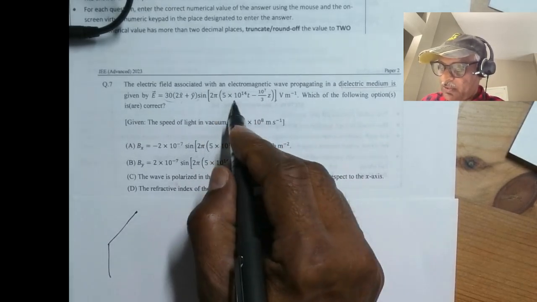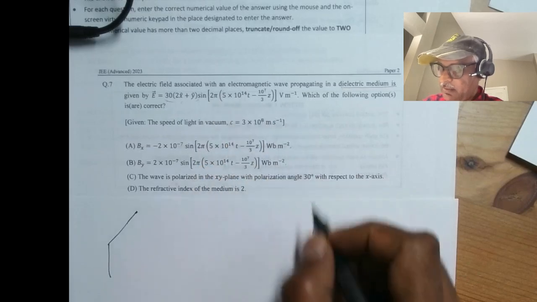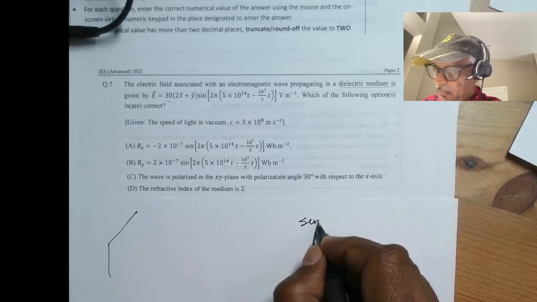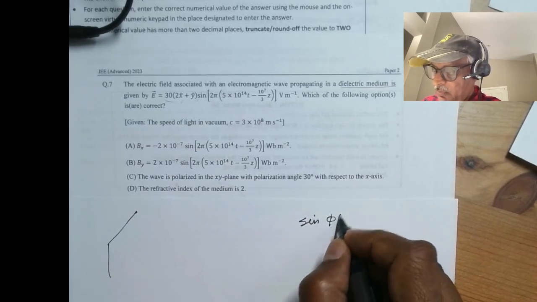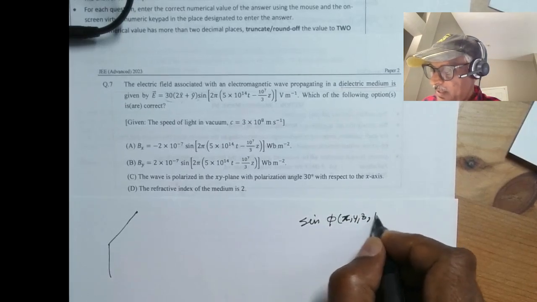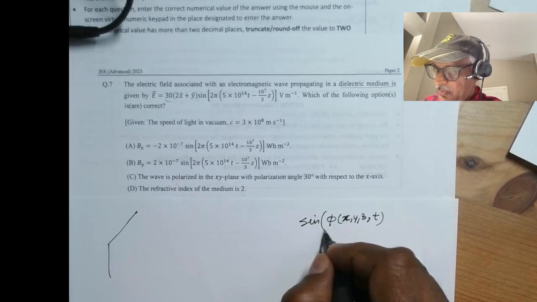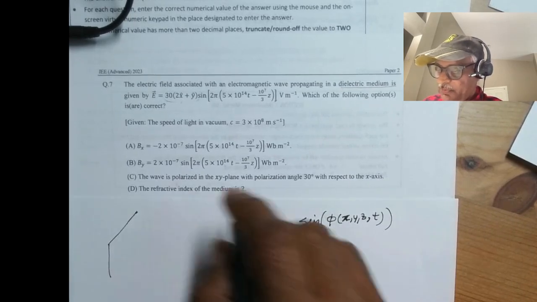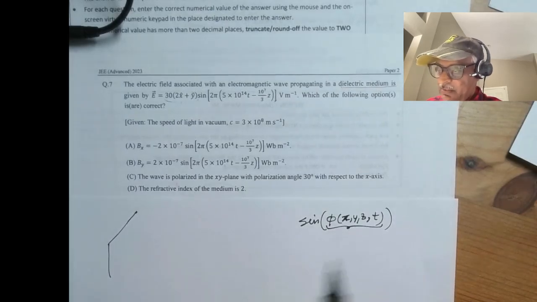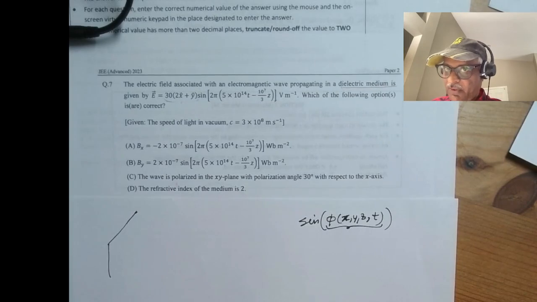So let's call this whole thing sine phi, which is phi of x, y, z, t. This is the phase of the wave, and when the phase is constant, it tells you at constant phase where it's going.